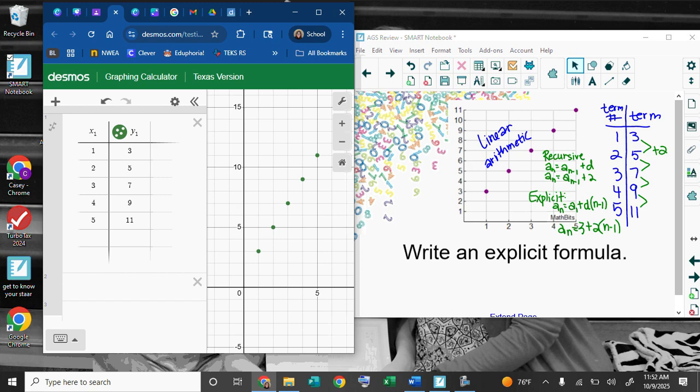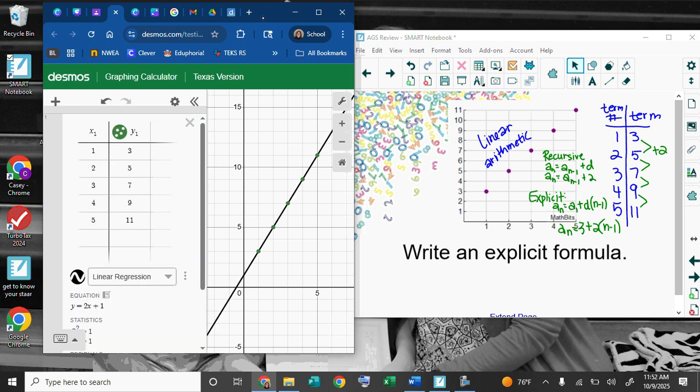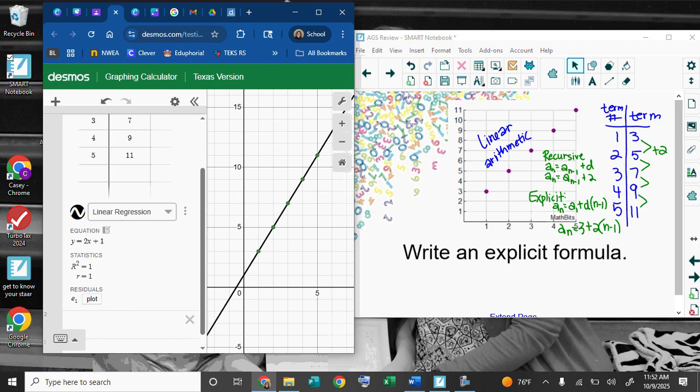But what we like right here is this magic button. When we press that magic button, the equation connects the dots. And if that equation connects the dots, then that is our explicit formula. So we get y equals 2x plus 1.